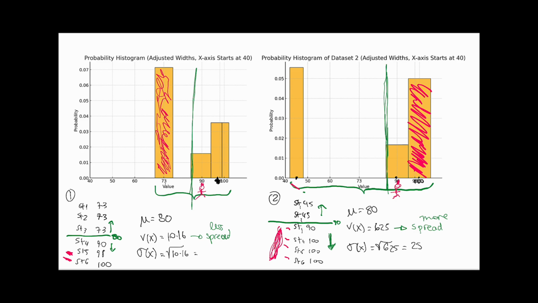I lost my connection to the pen. And so let me just complete. This is 1.077, okay? So it is the same thing. It's a measure of spreadiness.